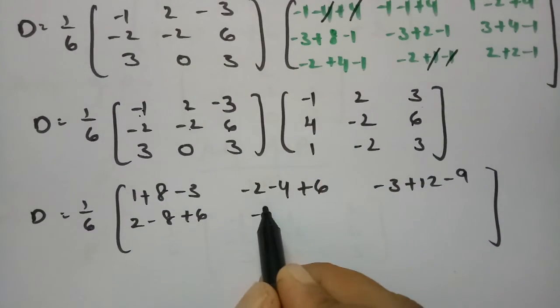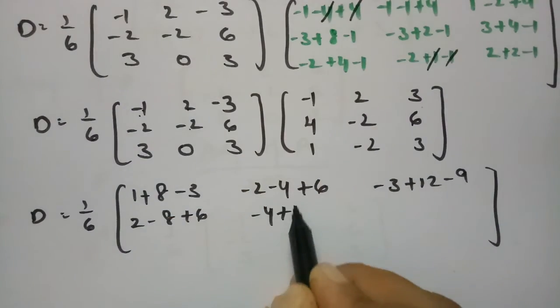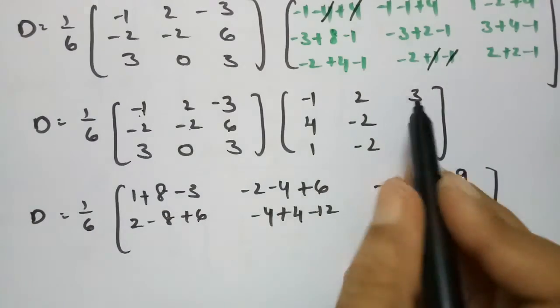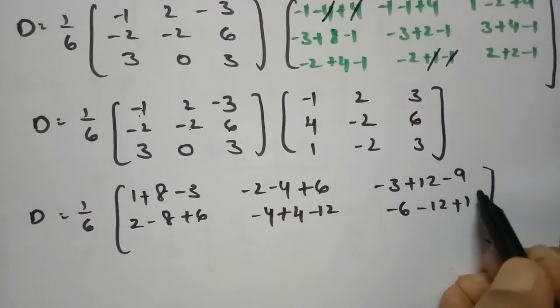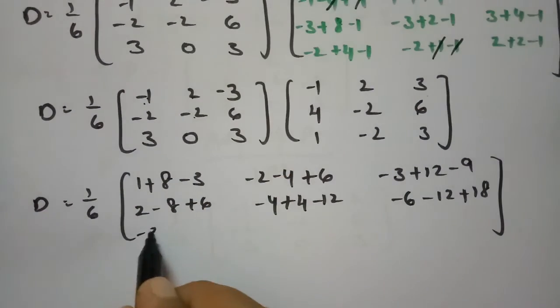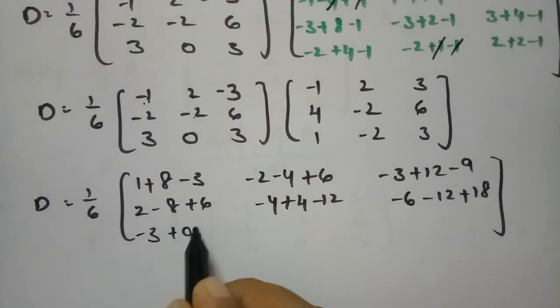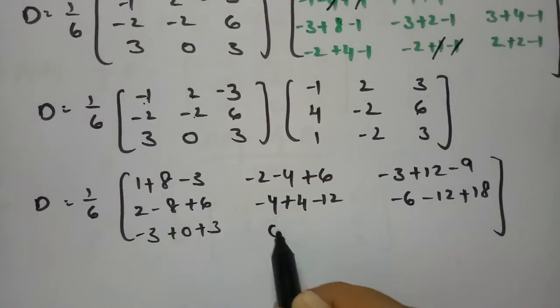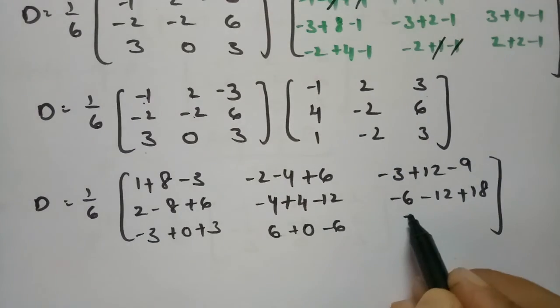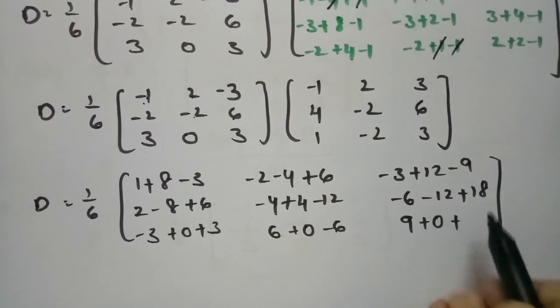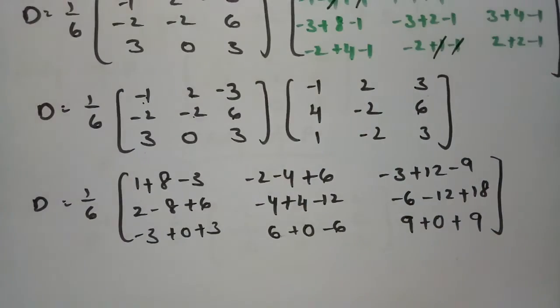So this is minus 4 and this is plus 4 and minus 12. And this is minus 6, minus 12 and this is plus 18. This is minus 3 plus 0 plus 3. So this is 6 plus 0 and this is minus 6. So this is 3 3s are 9 plus 0 and again 3 3s are 9.